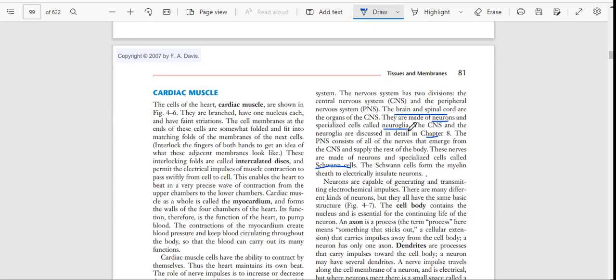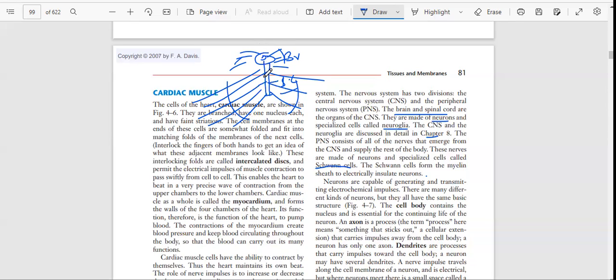But the peripheral nervous system is made of those cells which supply the sensory output or motor output to the parts of the body. So mainly you have this, the brain, and this, the spinal cord. The nerves extending from the spinal cord or from the brain are called the peripheral nervous system.